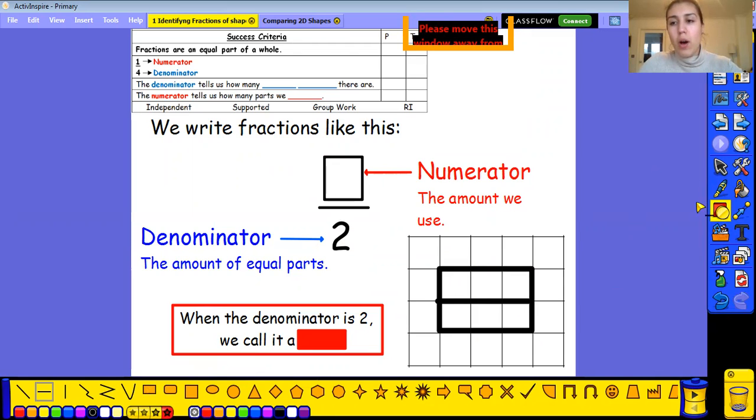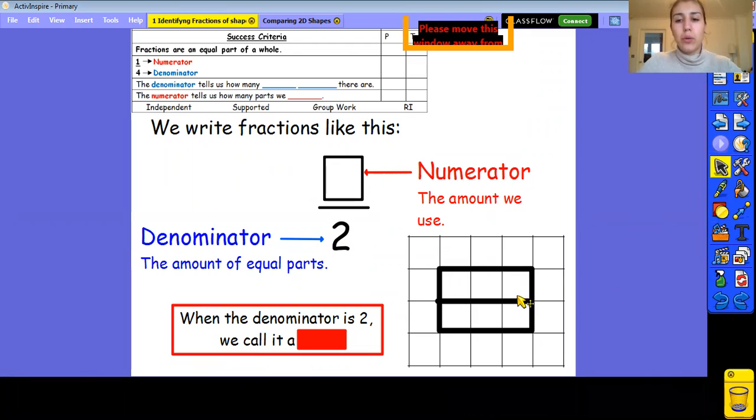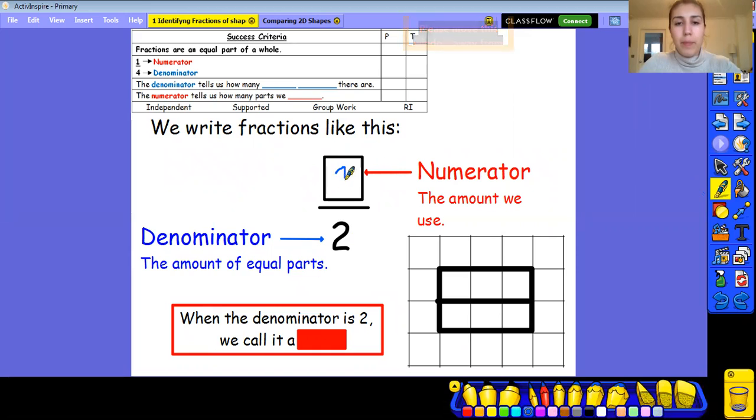So I've split my whole into 2 equal parts. Now I know I had to do it into 2 equal parts because my denominator says 2. Now if I have, for example, the number 1 here, that means I have one of those parts. So one of those parts would be shaded in like this.